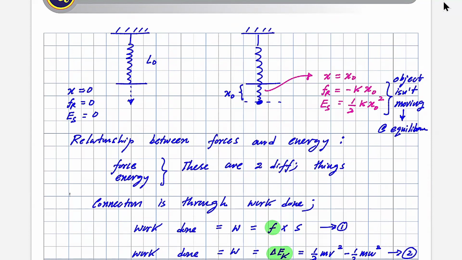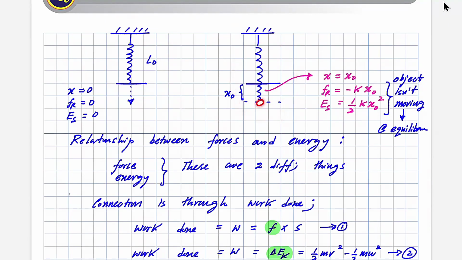Likewise, you perturb this system. How? You try to pull this a little bit. When you pull this a little bit, you are disturbing the equilibrium. What will happen if this is a linear, ideal spring?